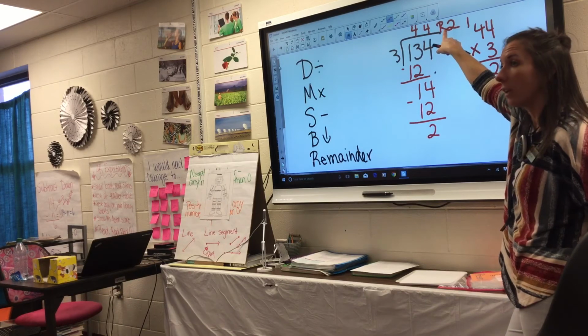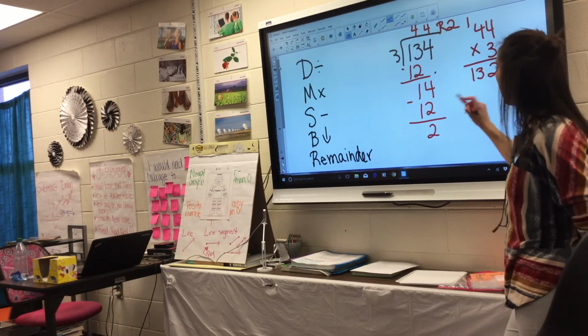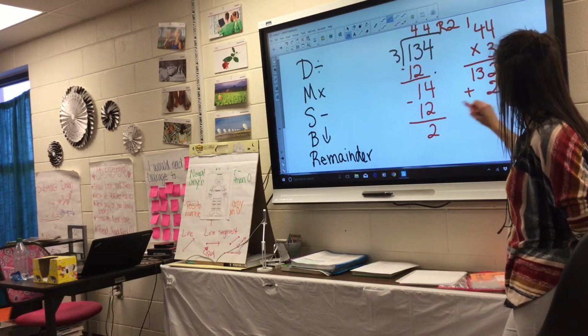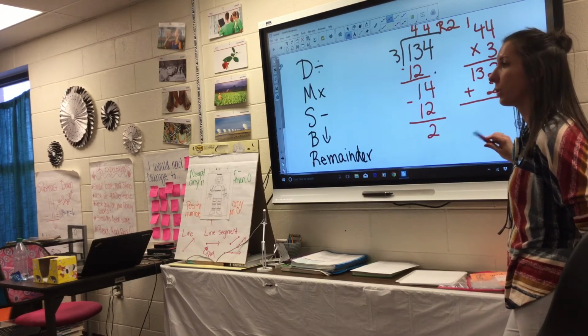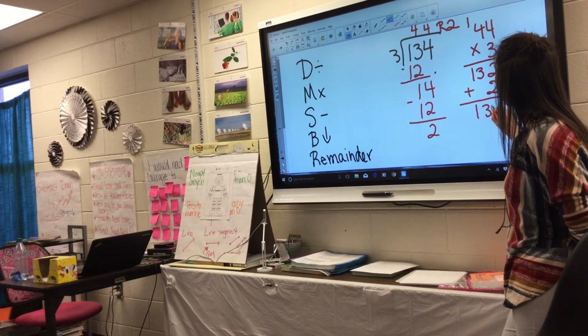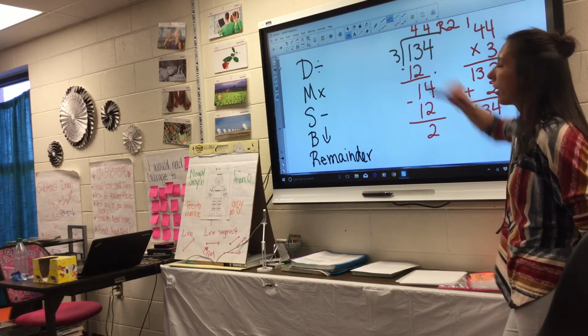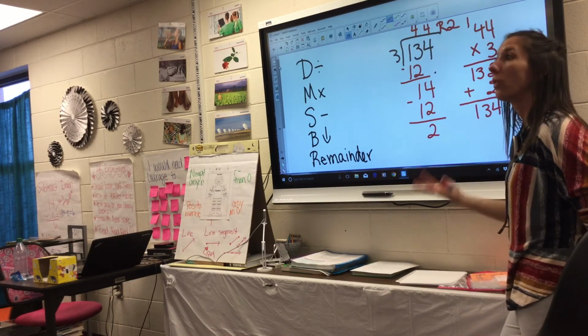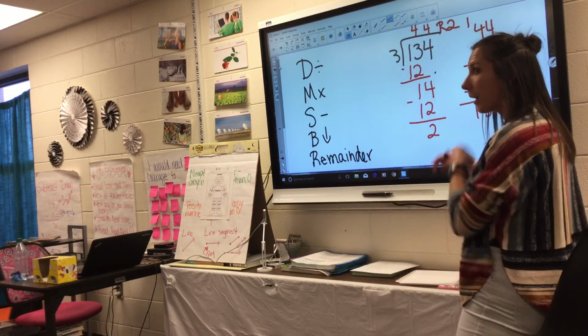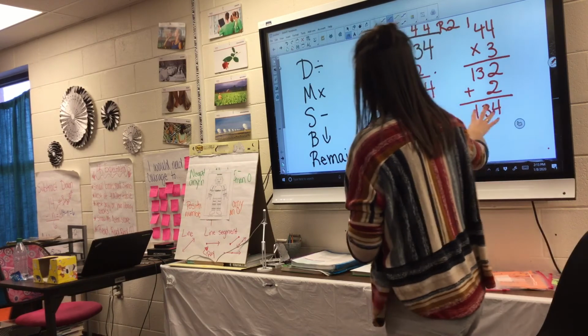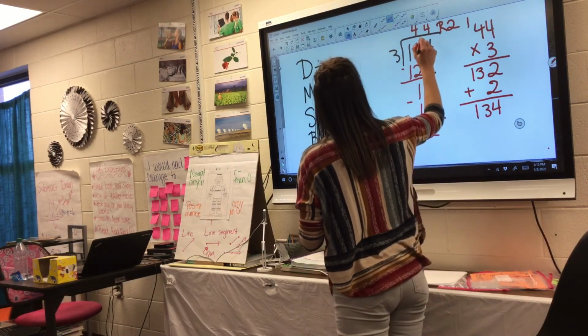We have a remainder. So when you have a remainder, you add the remainder. What's 132 plus 2? 134. So does it match our dividend? Yes. So that I know my answer is right. So when you get a remainder, you have to add it back into your answer whenever you multiply.